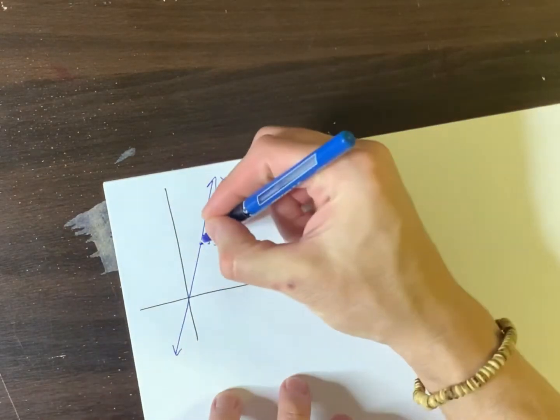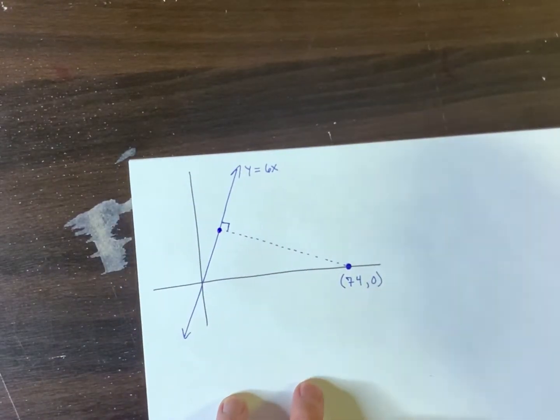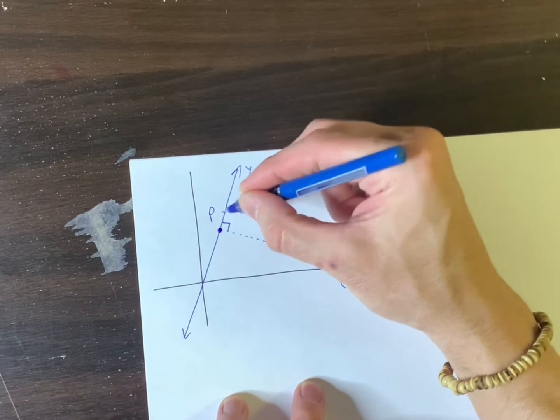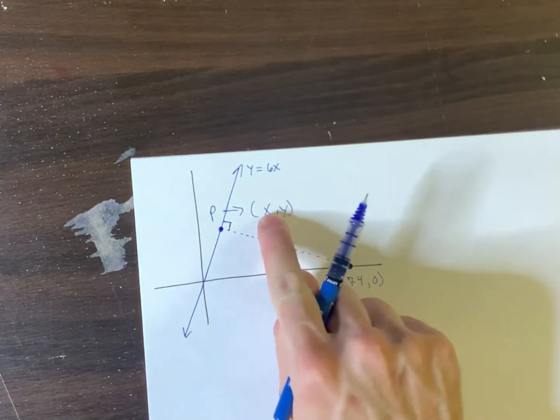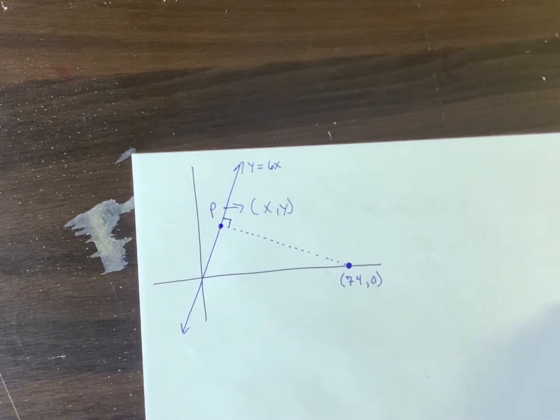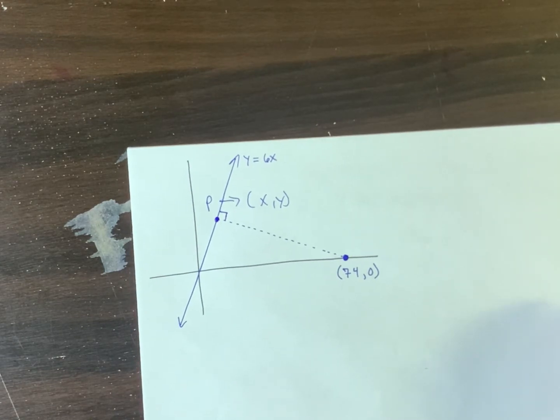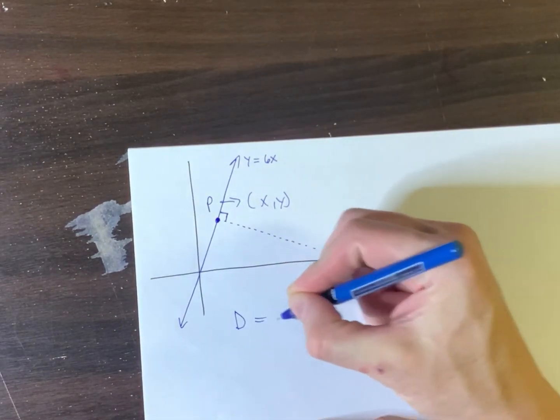So here, this point is called point P, and point P has coordinates x, y. These are the coordinates of point P. And for the first part, they want us to create the objective function in terms of x. So the distance formula.